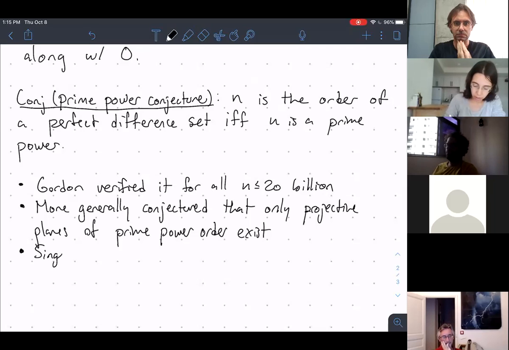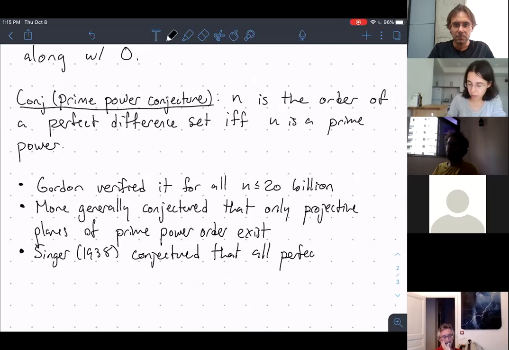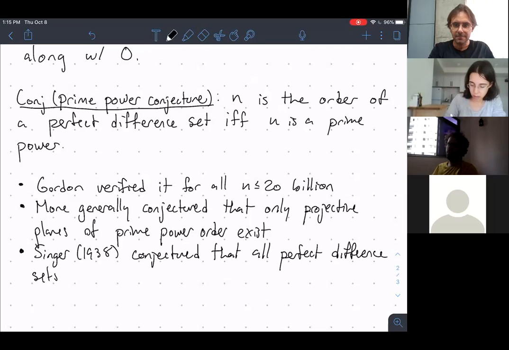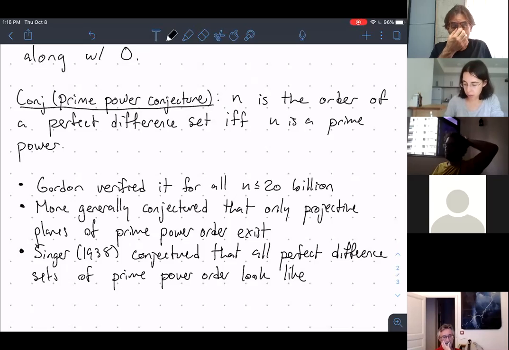So Singer conjectured that all perfect difference sets of prime power order look like, maybe up to some translation or dilation, the example from above.